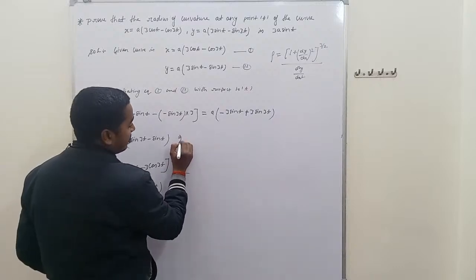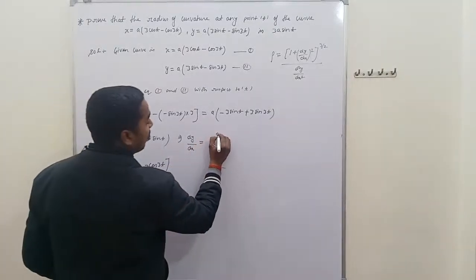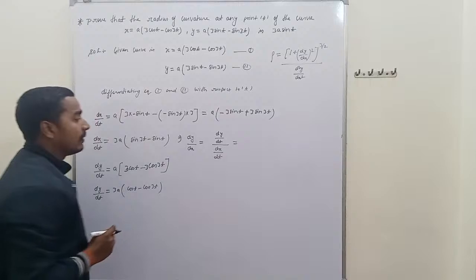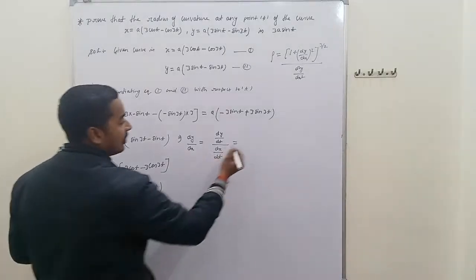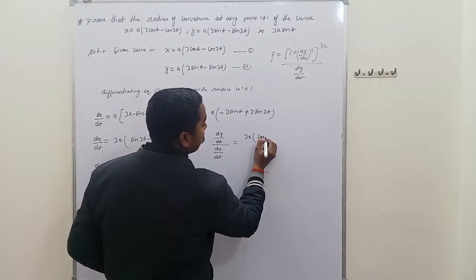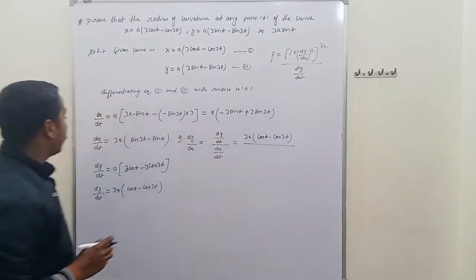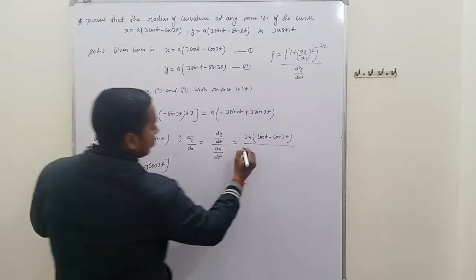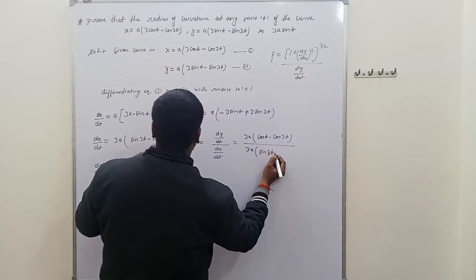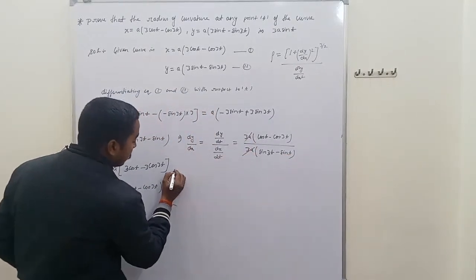First we find dy upon dx, which is written as dy upon dt upon dx upon dt, so we put the value of dy upon dt, which is 3a (cos t minus cos 3t), upon dx upon dt, which is 3a (sin 3t minus sin t), and from here 3a cancels out.